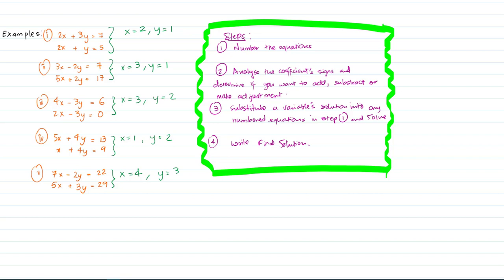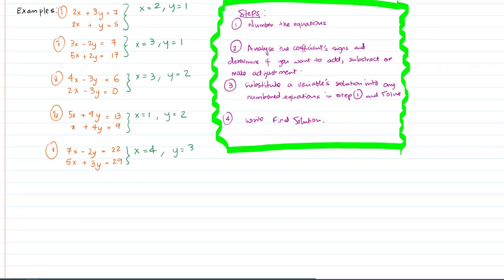First one is to number the equations, then analyze the coefficient sign and determine if you want to add, subtract, or make an adjustment. And I will explain what I mean by adjustment shortly. The third step is to substitute a variable solution into any numbered equation in step 1 and solve, and the final step is to write the final solution in a box.